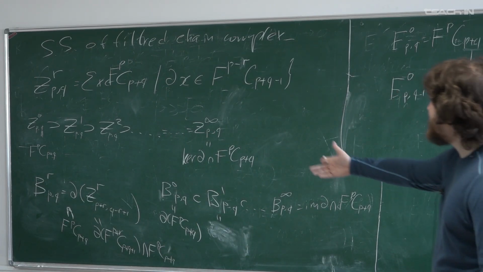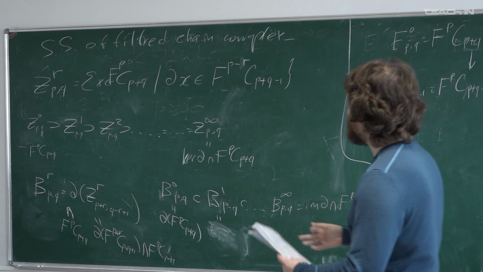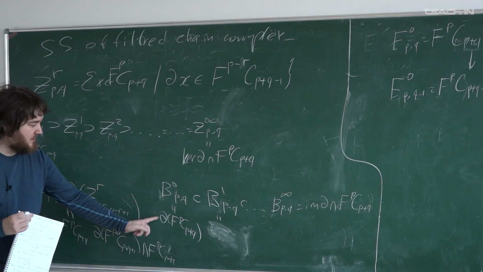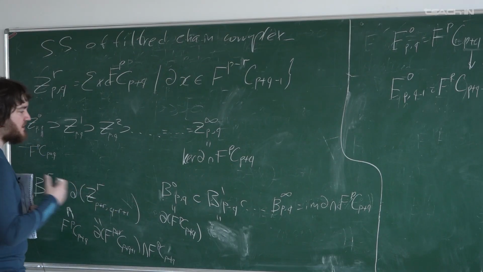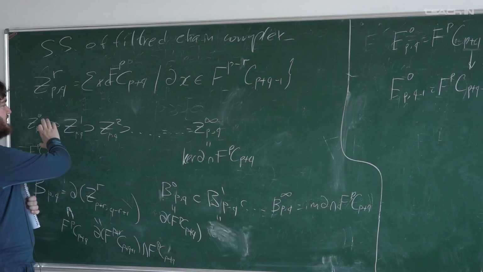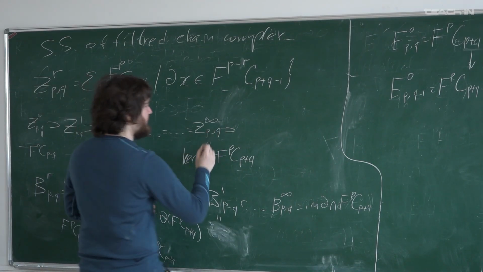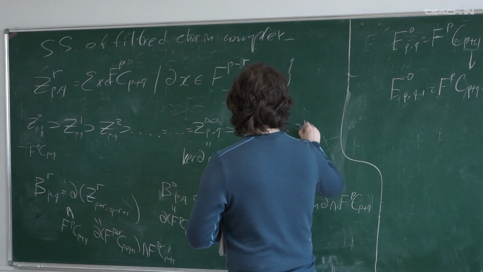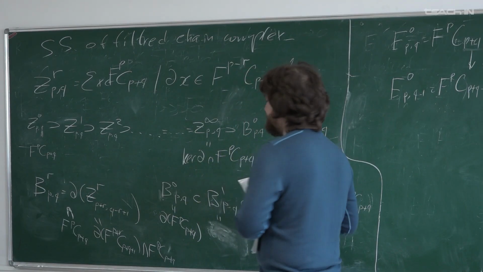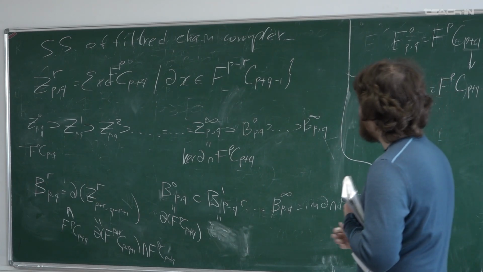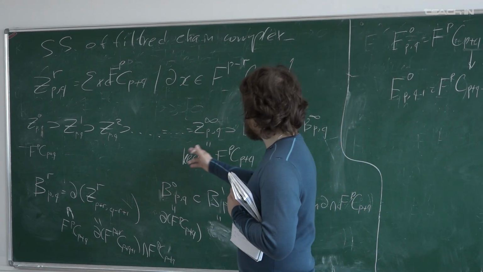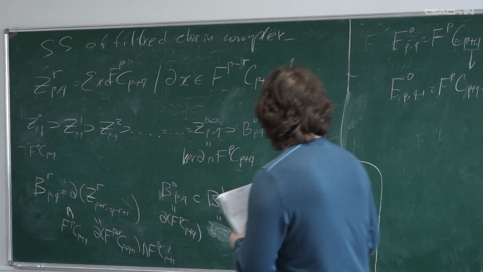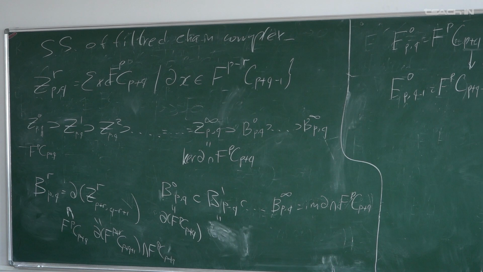In fact, it's easy to see, because it's boundaries of something. So if I apply another boundary, I obtain 0. So of course all of these B are in all of these Z. So in fact, I have something like this: B0^{PQ}, B infinity^{PQ}. Okay. Because the image of something is, of course, in the kernel.